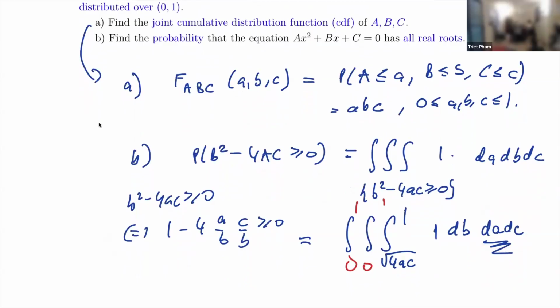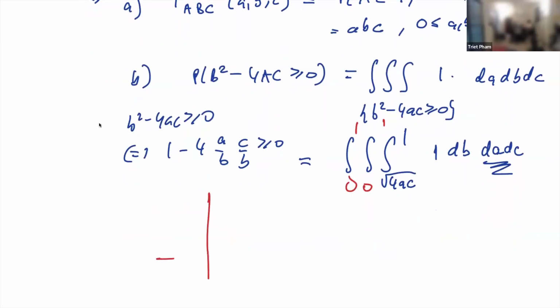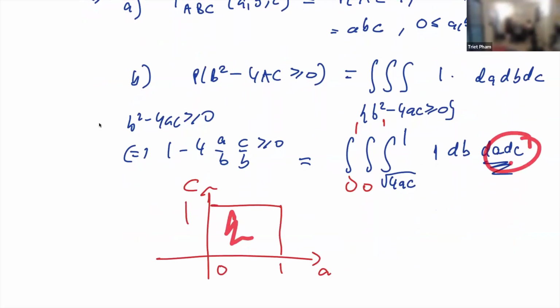The answer is no. Why not? Even though A and C do live on a unit square, do we look at this whole square when we look at the AC part?